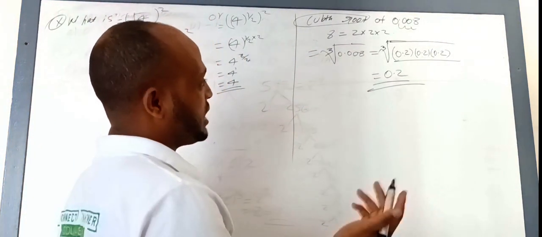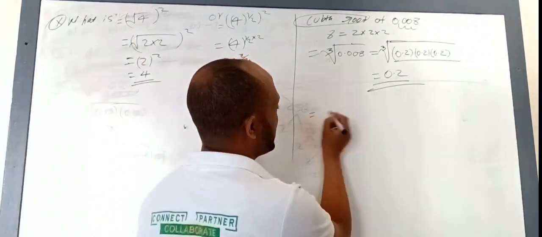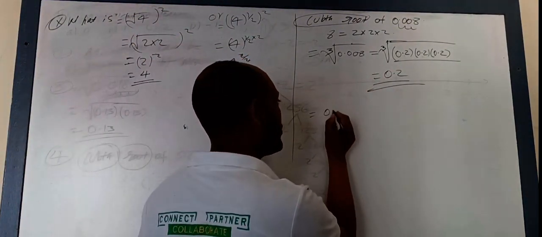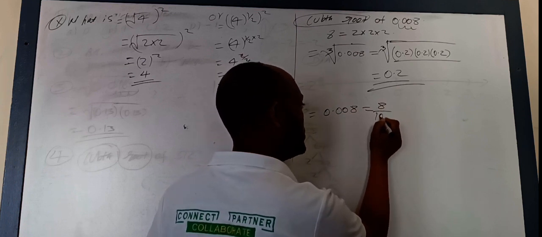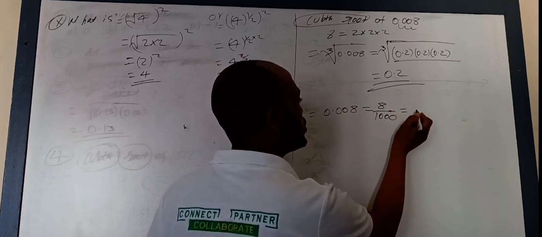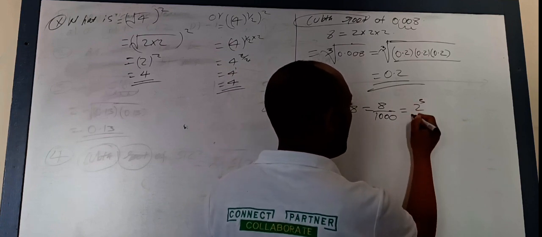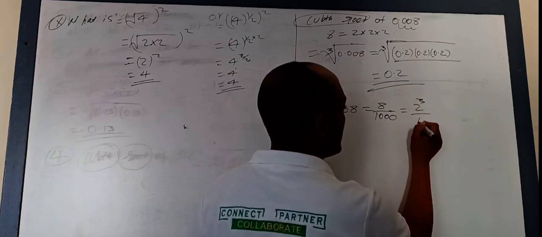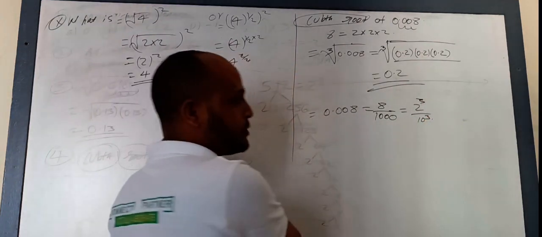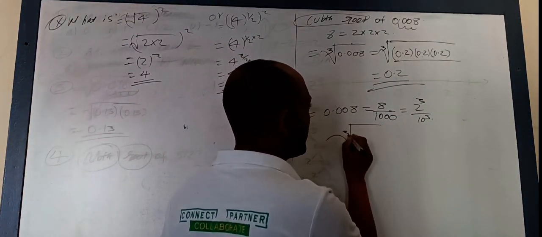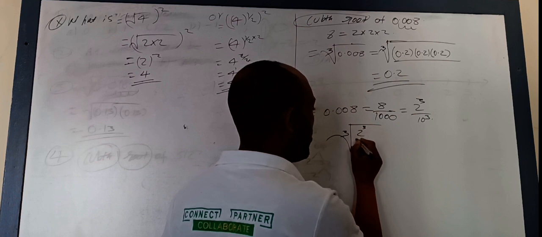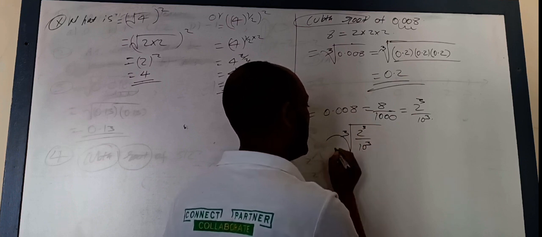Or in other words, we can do it in other ways. For example, 0.008 is equal to 8 over 1000, which is equal to 2 cube over 10 to the power of 3, right? So the cube root of this means 2 to the power of 3 over 10 to the power of 3.